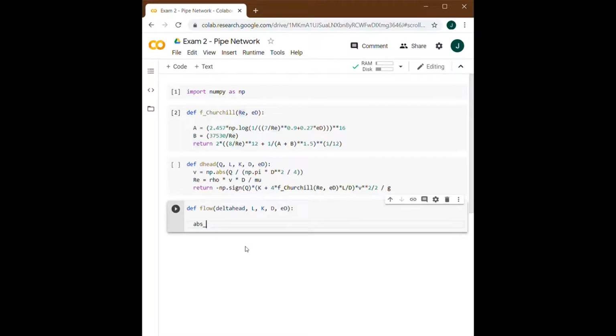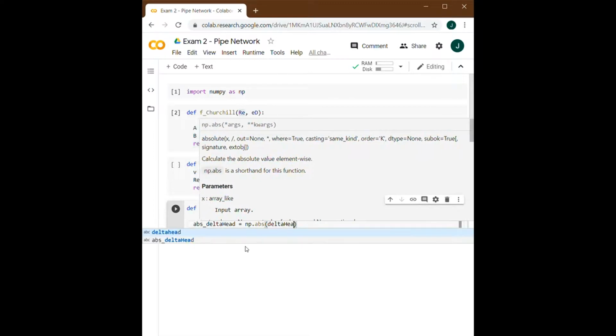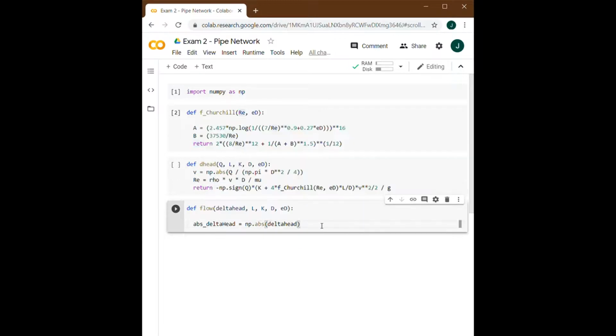So we're going to use our absolute value function from NumPy, numpy.absolute of our delta head, and this will ensure that this delta head value is positive. Just make this capital to make sure we know what we're talking about.